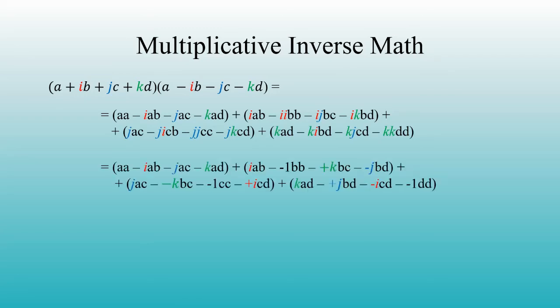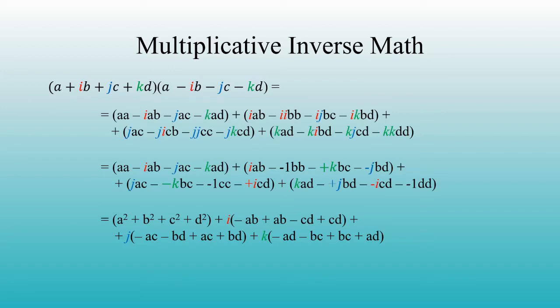Then we evaluate the IJK coefficients, here using the Hamiltonian JI equals minus K anti-cyclic rules. Then we regroup. Okay, we can see that the real part is non-zero, and in fact, all of the terms are positive. The terms proportional to I, J, and K, however, all cancel out in pairs, one positive and one negative.